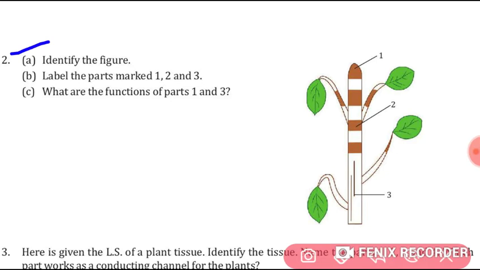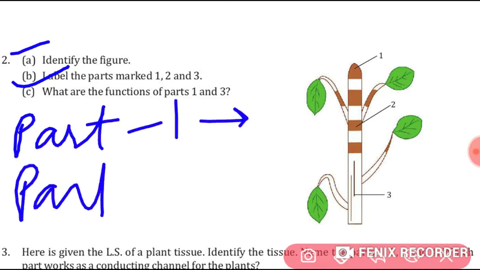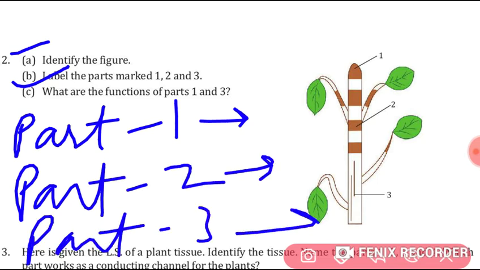Second, label the parts marked 1, 2 and 3. So students, first of all, you will write like this: part 1, then part 2, then part 3. Now write in part 1, apical meristem.